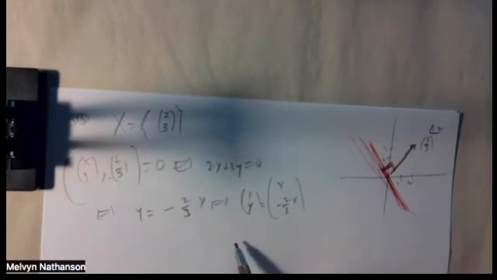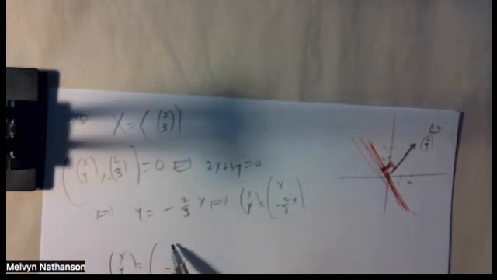Or I can write this if I want to avoid fractions. x, y is anything of the form minus 2x over 3, 3x over 3, like that.